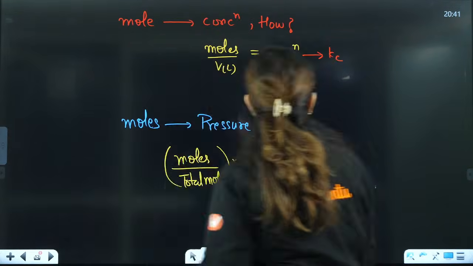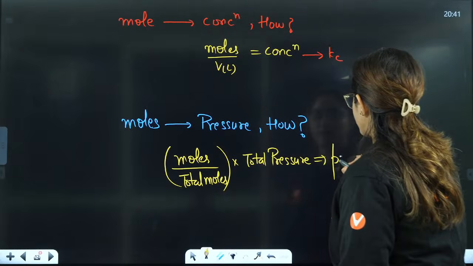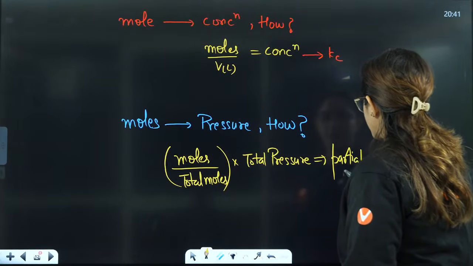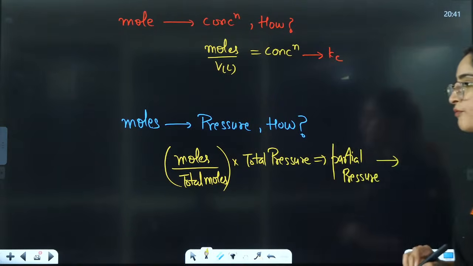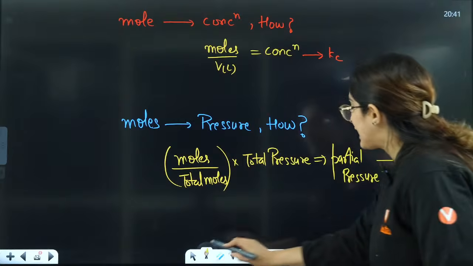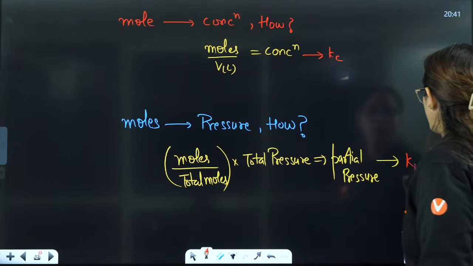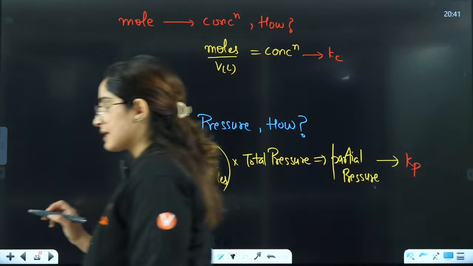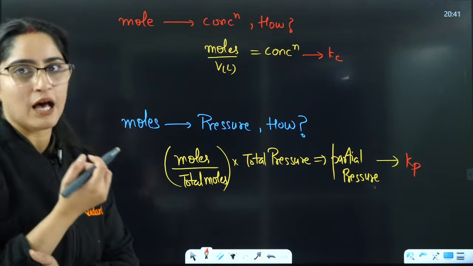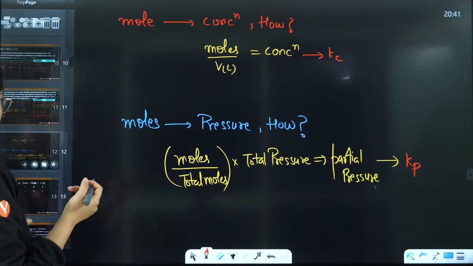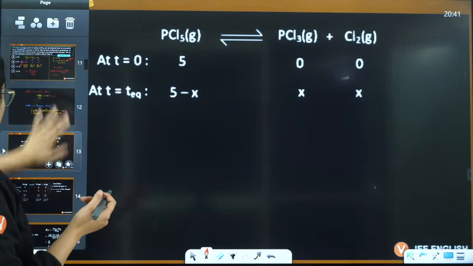This is nothing but partial pressure, and you do this for Kp. Yeah, for chemical equilibrium, it's the last chapter, last lecture, right? And that's how you solve this.